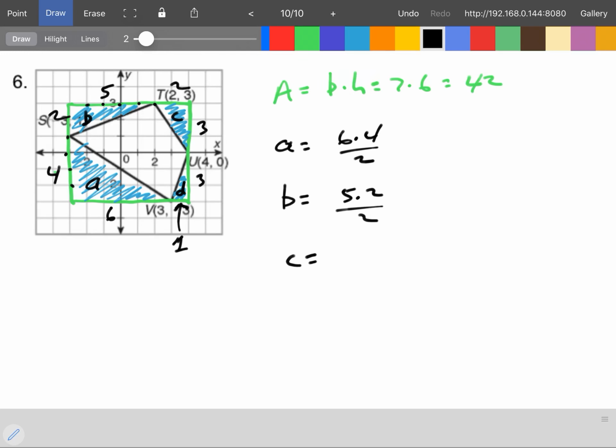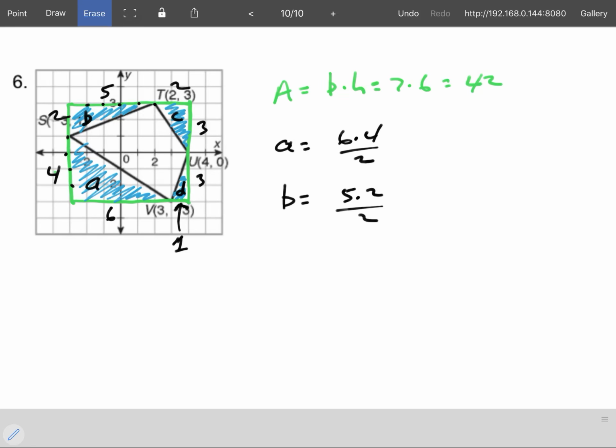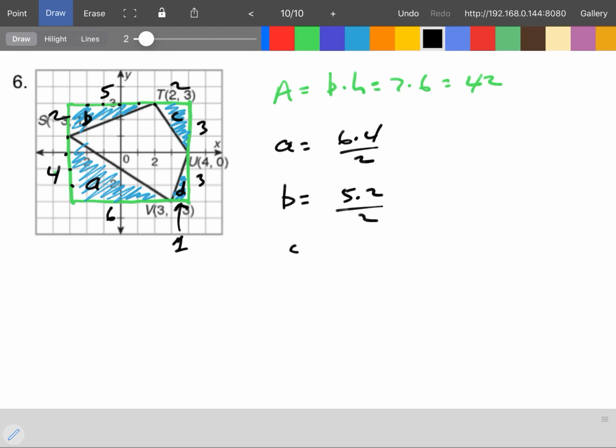The little triangle C has a base of 3 and a height of 2. Don't forget to divide by 2. And D, the little one, is a base of 3 times a height of 1, divided by 2.